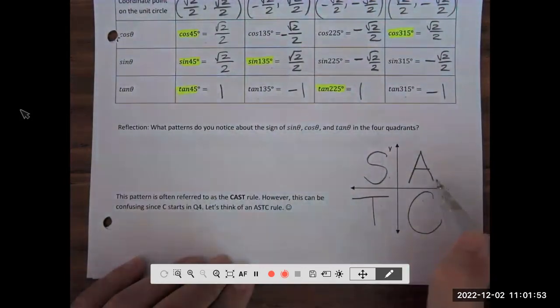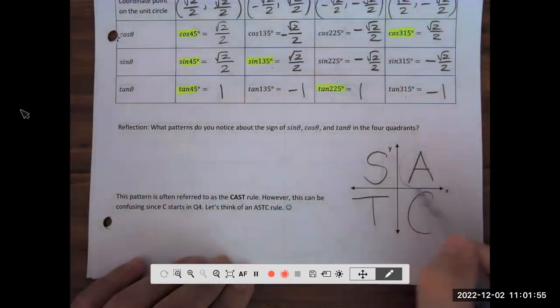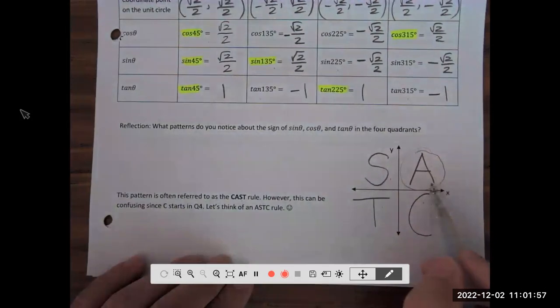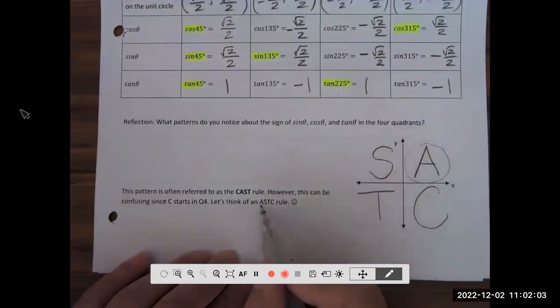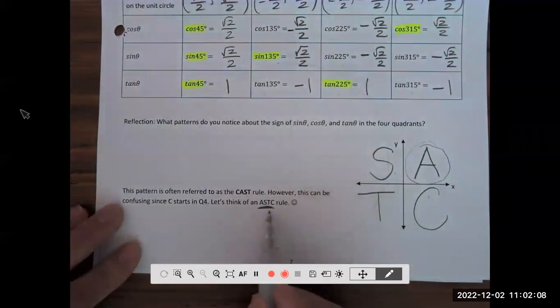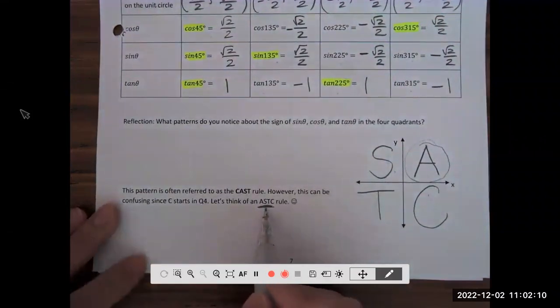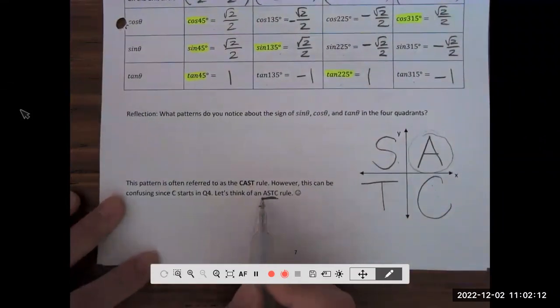So the rule is actually starting with all, and it should be called the ASTC rule, but that's a hard word to say. So maybe, and this is something that every year I ask my students, instead of calling it the CAST rule, you can think of an acronym for ASTC. In the past students have said, all students take calculus.